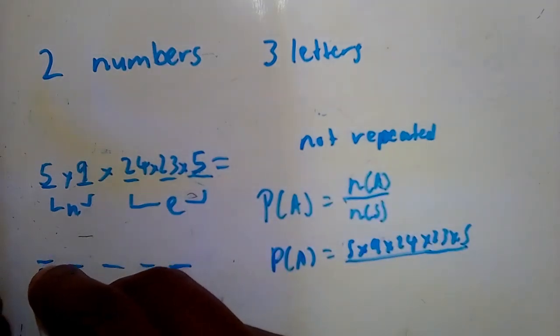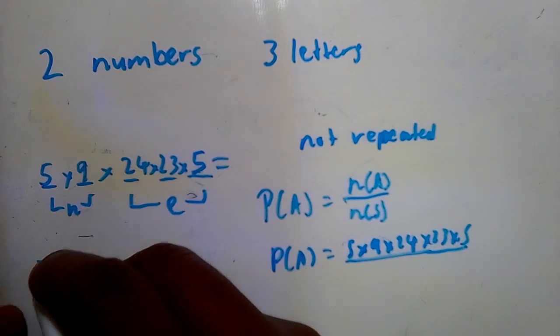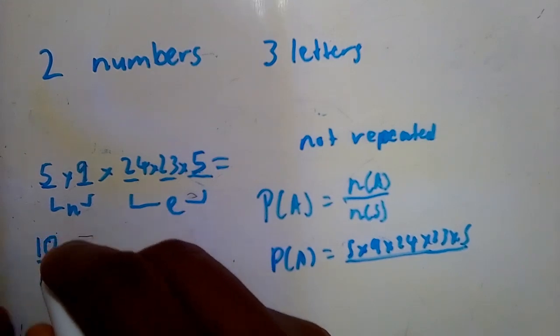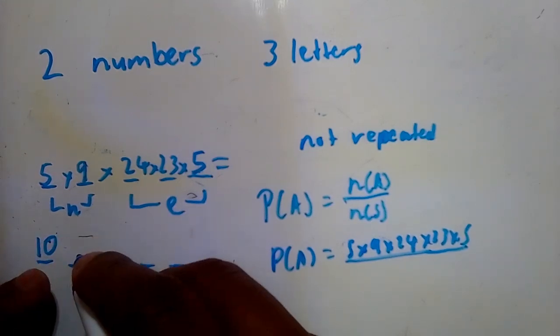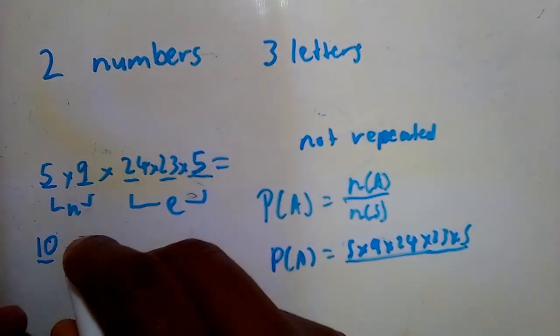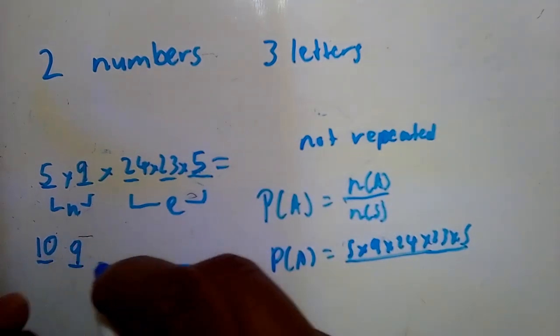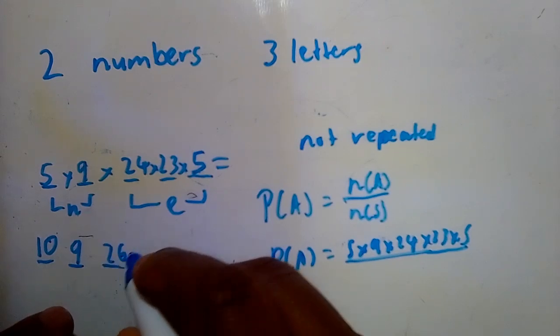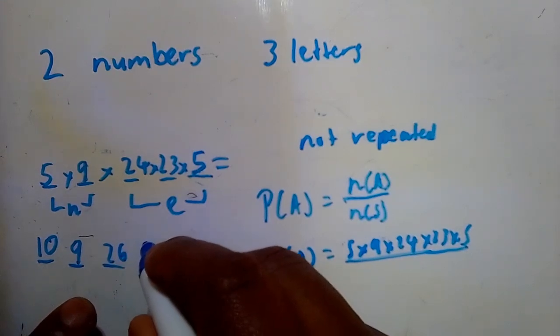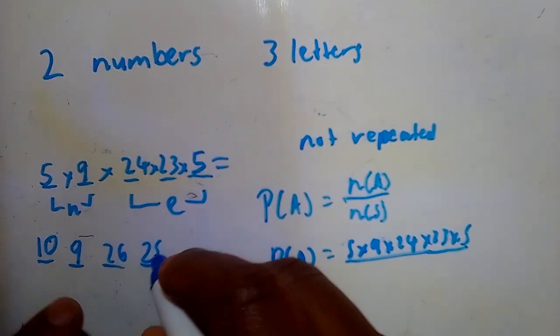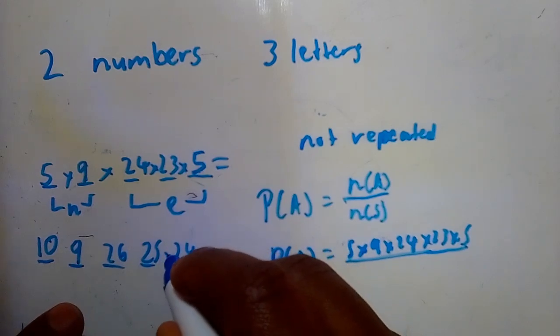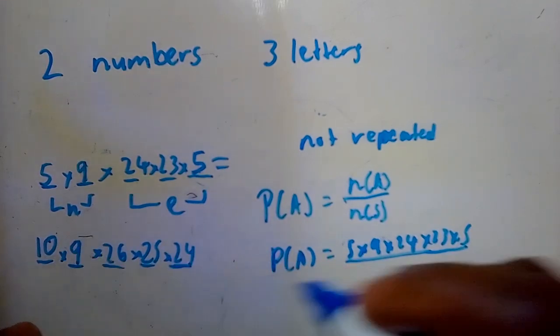In the first one, we can choose from any of the 10 digits. And then in the next one, since they're not allowed to be repeated, we'll choose any one of the 9 digits, because one of them would have already been used. Then this side, we can choose any of the 26 alphabets, but one of them would have already been used. So therefore, we're going to be left with 25 to choose. And then here, we're going to be left with 24 to choose. So this is the total when there are no restrictions.